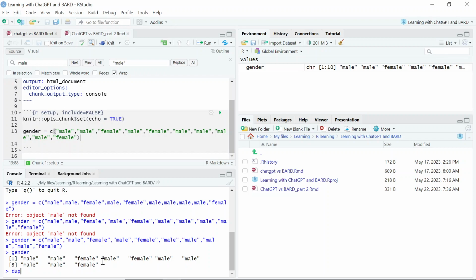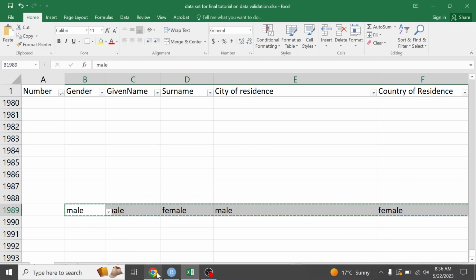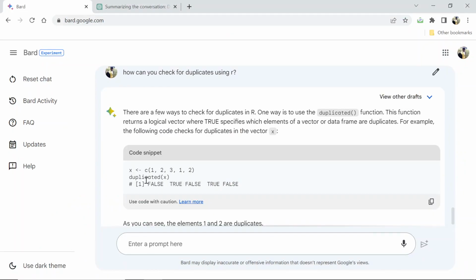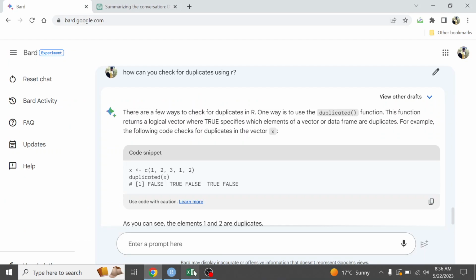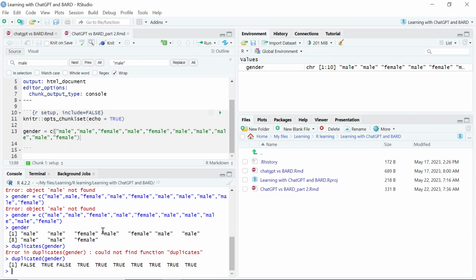I'm going to find duplicates as suggested by BARD. It could not find the function duplicate. BARD has duplicated, not duplicate. Let me use duplicated. This is the code suggested by BARD. Wherever I find TRUE, I have to assume it is duplicated.